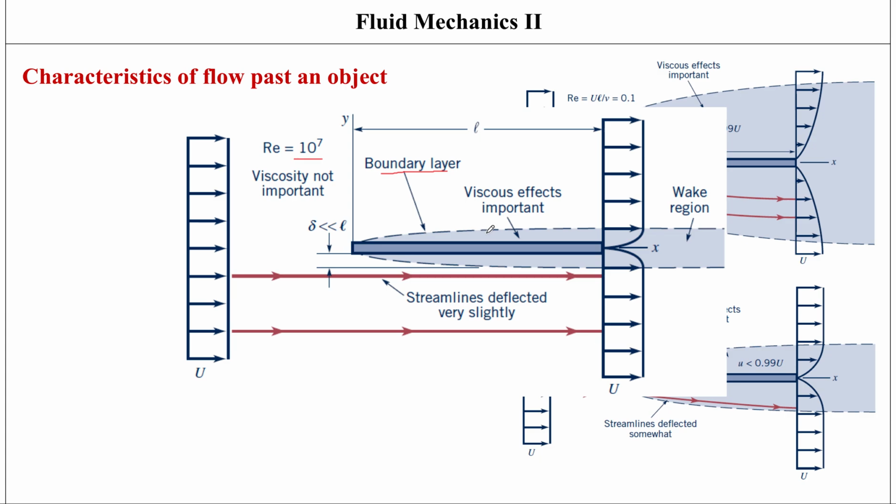And the main reason for that is that you've got the no-slip boundary condition. We've talked about this as well before when we were looking at pipe flow. We talked about the no-slip boundary condition. And what that meant was that the fluid is going to stick to the surface. The fluid layer that is right next to the surface is going to stick to the solid surface. And that means that the velocity is going to be 0.